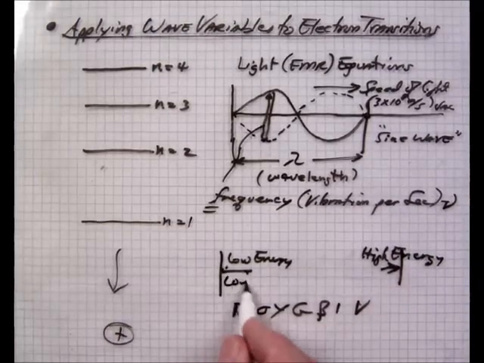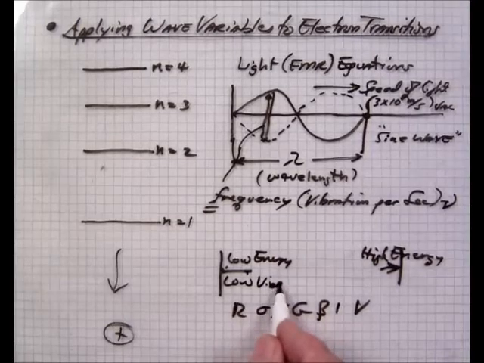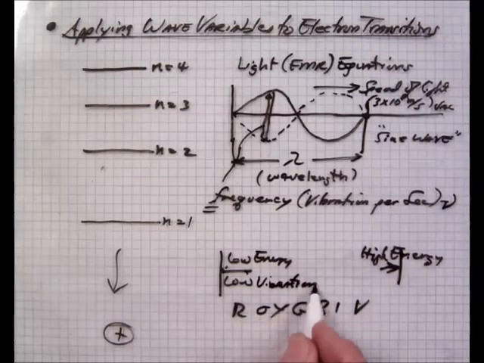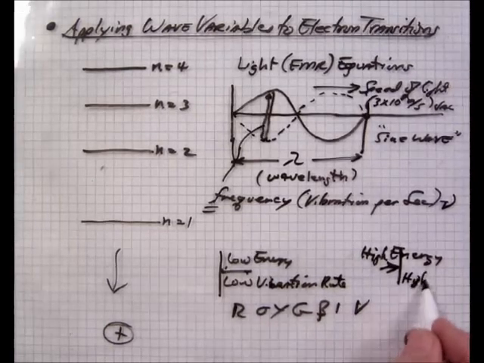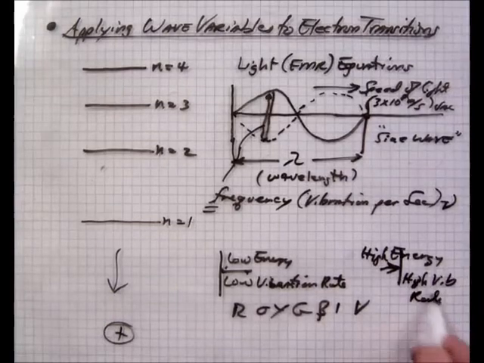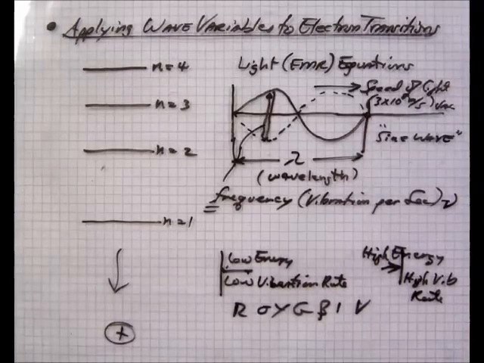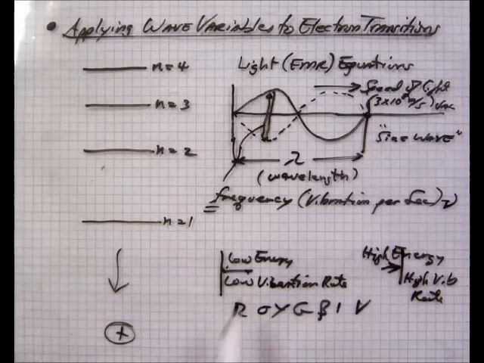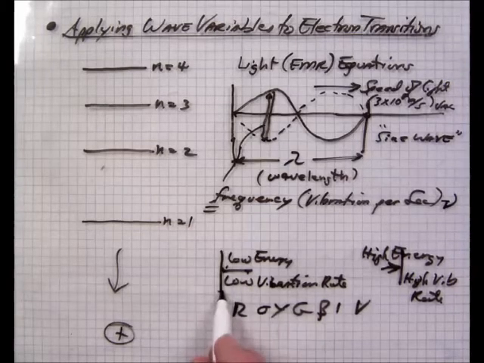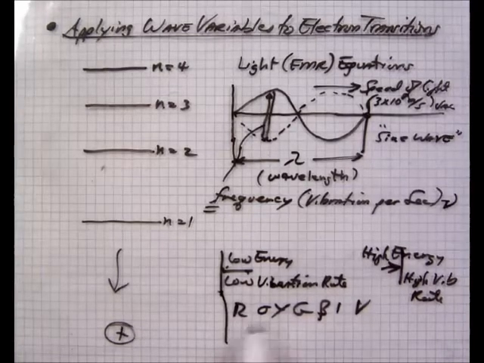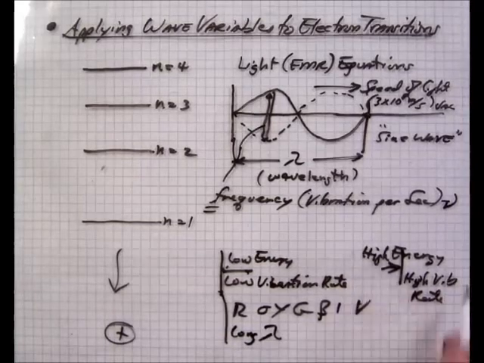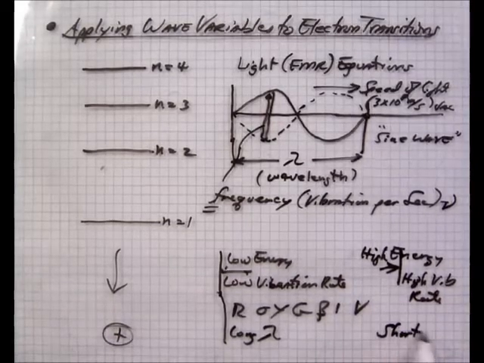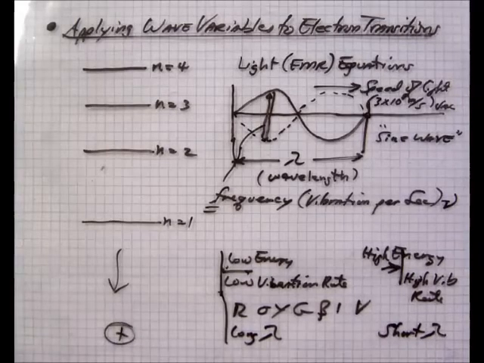From a low vibration to a high vibration rate. So if we're talking about red light, you would see a slow vibration, low vibration. And you would also see a long wavelength on this end. And then on the high energy end, you have a short wavelength on that end of the spectrum.